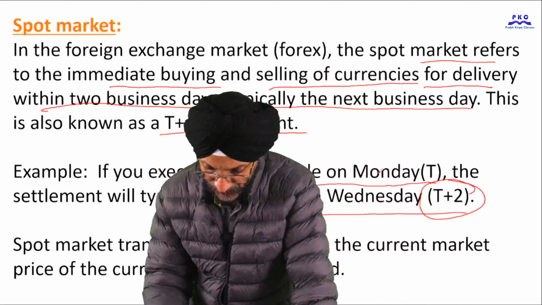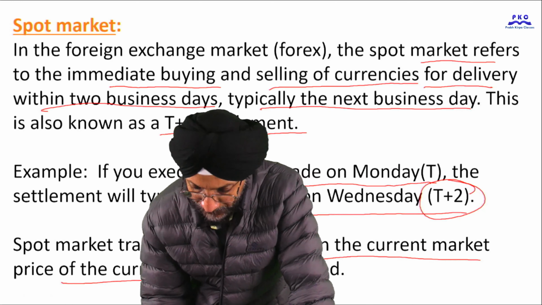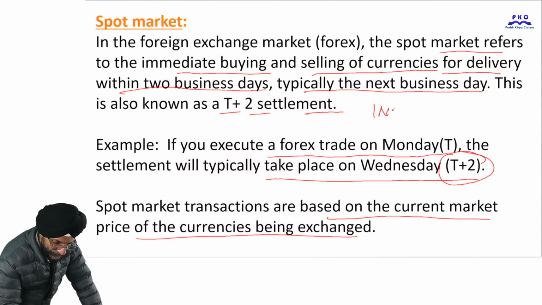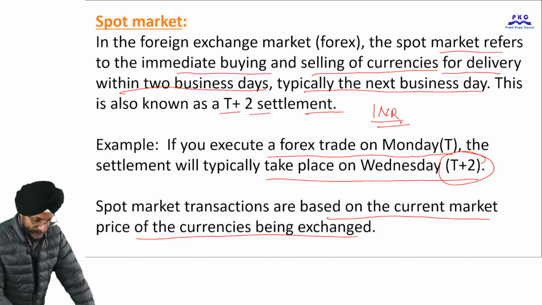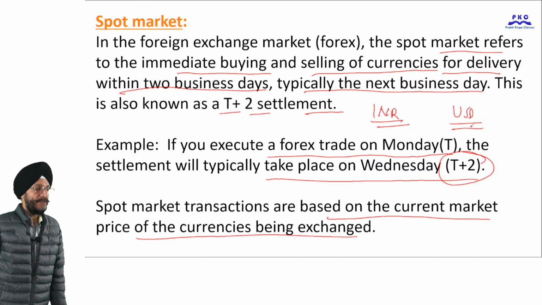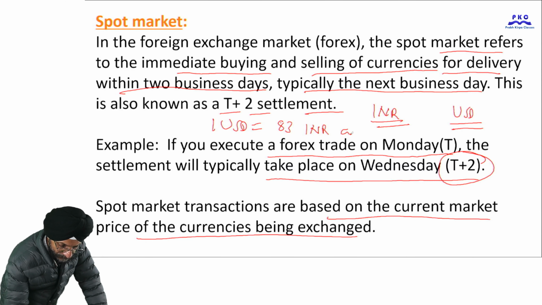Spot market transactions are based on the current market price of the currencies being exchanged. Suppose I am from India, where the Indian rupee is the domestic currency, and I want to purchase US dollars. So $1 at the current rate is approximately 83 Indian rupees.